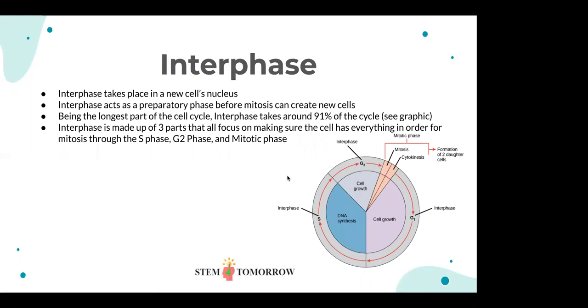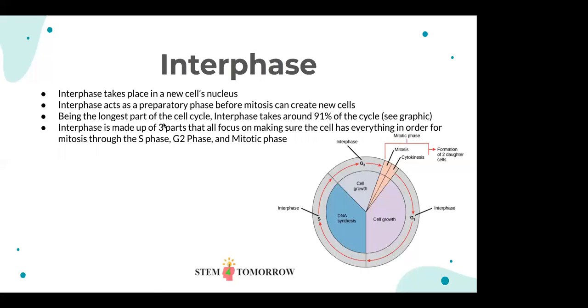So first in the cell cycle is interphase. Interphase takes place in a new cell's nucleus, which is pretty much the part of the cell that stores all its genetic information. Interphase acts as a preparatory phase for mitosis in new cells. And this is the longest part of the cell cycle because it takes roughly around 90% of the cycle, as you can see in the graphic.